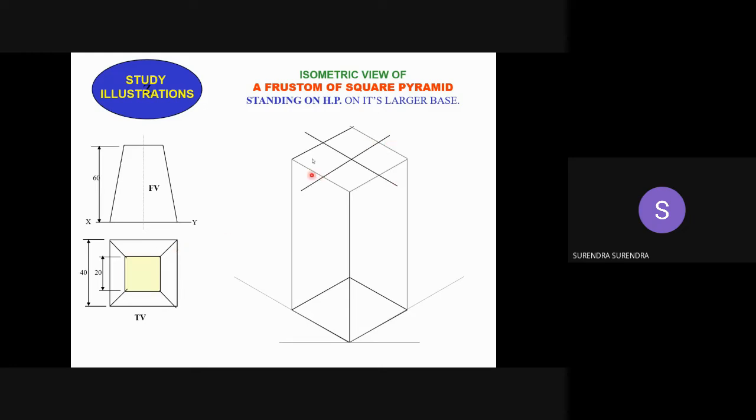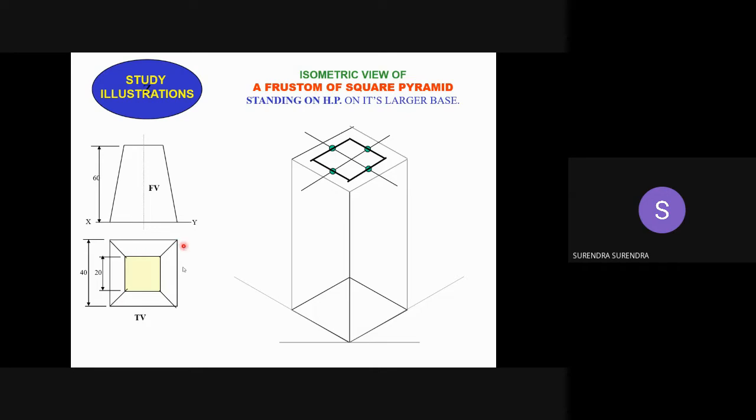First draw the center lines, imaginary lines joining the midpoints. Next, from this center mark points at 10 mm, 10 mm, 10 mm, 10 mm distance and draw the parallels. Parallel to this line passing through these 2 points, and likewise parallel to these 2 lines passing through these 3 points. So inner square with 20 mm side, base 40 mm.